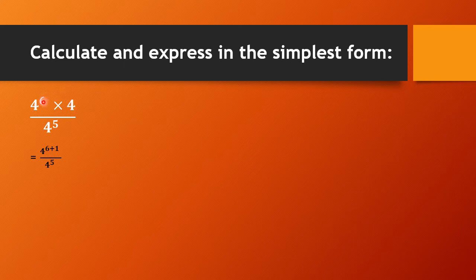So it will be 6 plus 1 over 4 power 5. After that, 4 power 7 over 4 power 5. This is a division operation. We will subtract powers. It will be 4 power 7 minus 5 equals 4 power 2 equals 16.